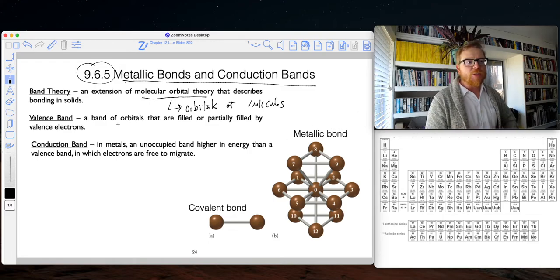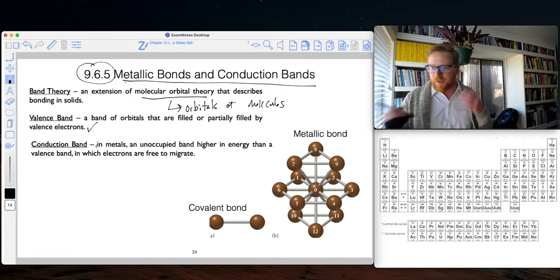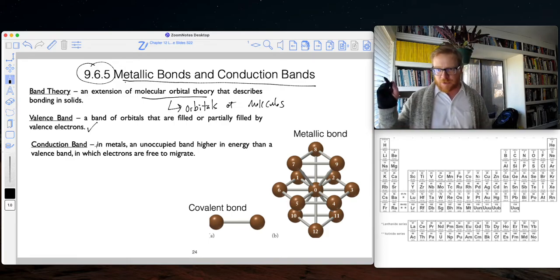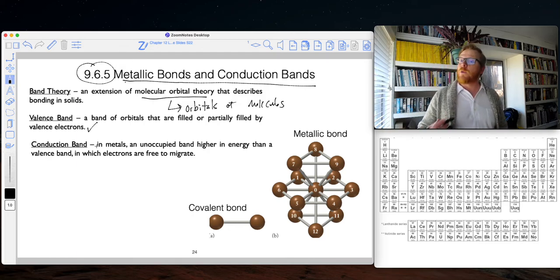Okay, so within band theory, we talk about two different types of bands in metals. So that's the valence band, and that's a band of orbitals that are filled or partially filled by the valence electrons. Right? So that's no different than when we do our Lewis structure and we count up the valence electrons. But now we're dealing with metals, right? So these are not covalent bonds. Okay.